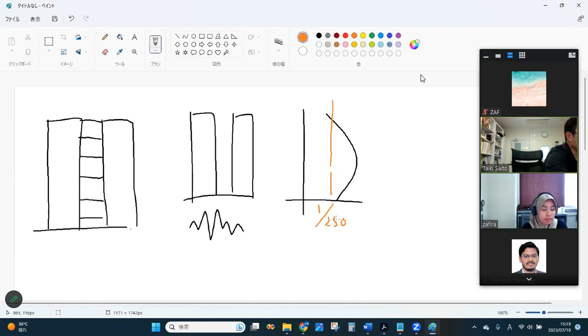So this is a starting point. Now you try to find a design. So number one is ordinary coupling beam, no damper. Put no damper.